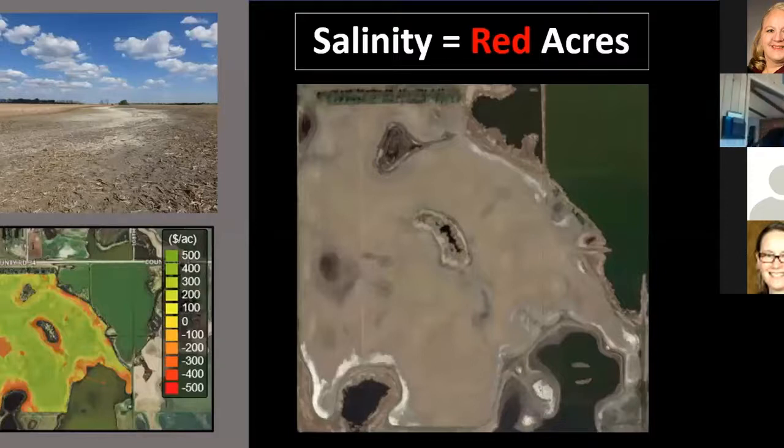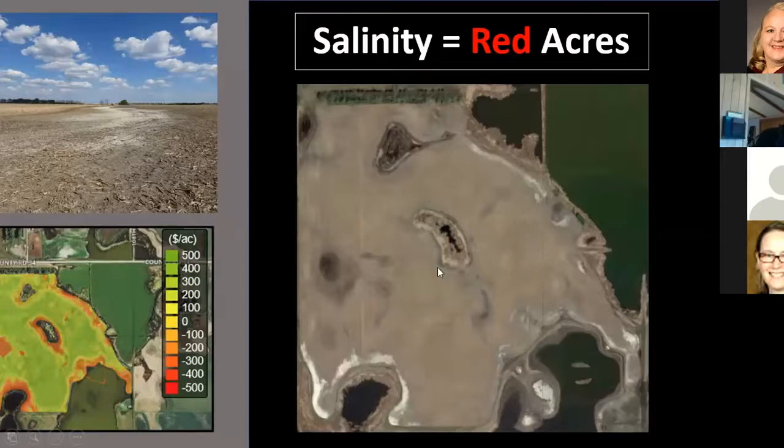With the main topic being salinity, obviously I couldn't leave today without showing one example that included some salinity issues and how that creates red acres. As you can see on the top left, as Naeem was mentioning, you can definitely see the white spots and where the issues occur. If you look on the right-hand side, utilizing Google Earth again, it looks like snow caps, but that's not.